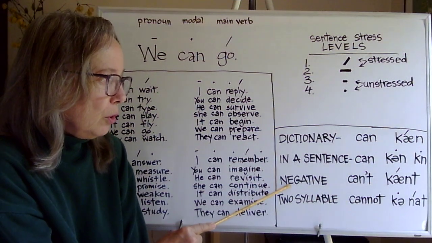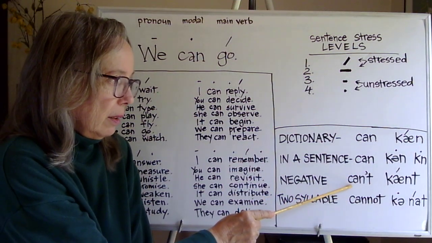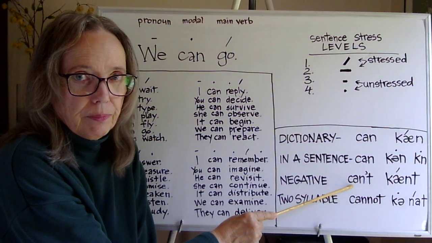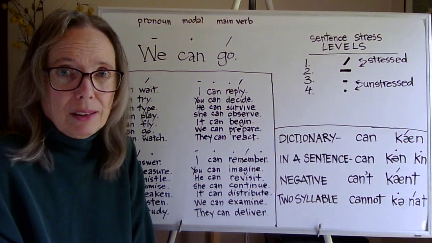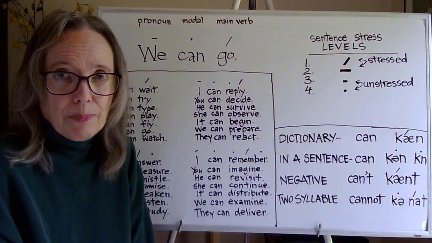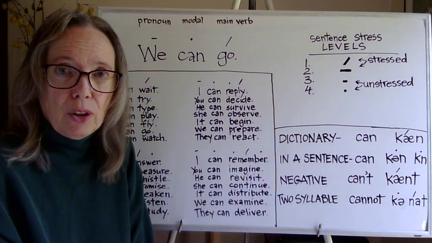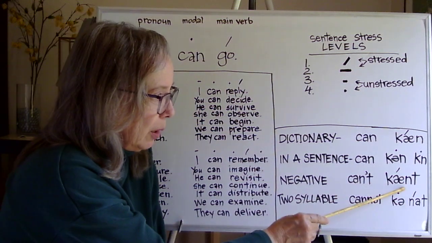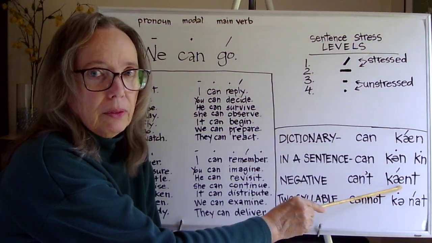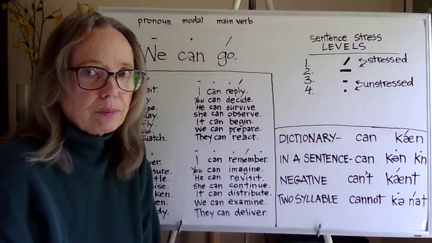If you make can negative, negatives are stressed in English sentences. So we don't reduce the word can't. We keep the same vowel as the dictionary.